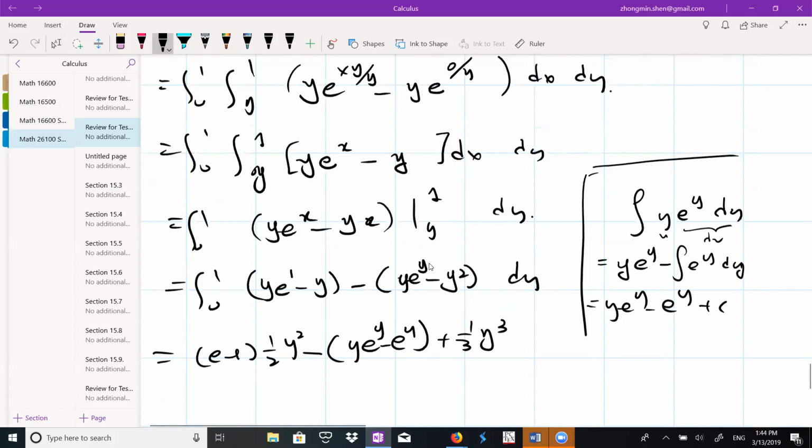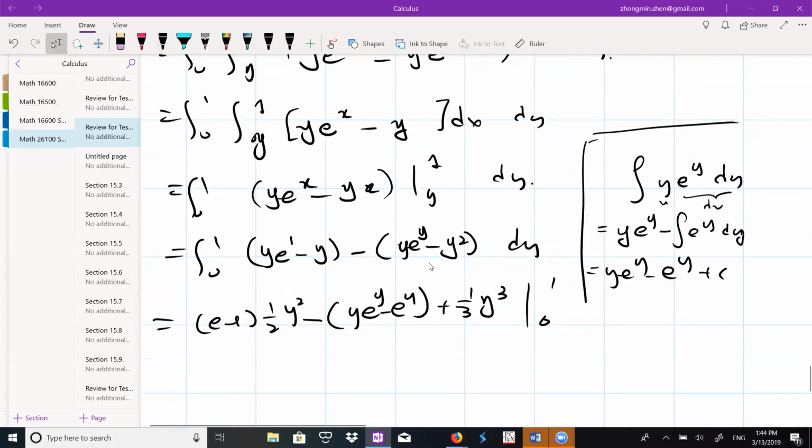Evaluate at the two endpoints. So plug 1 for y. That's going to be 0. Okay, that's the first part.